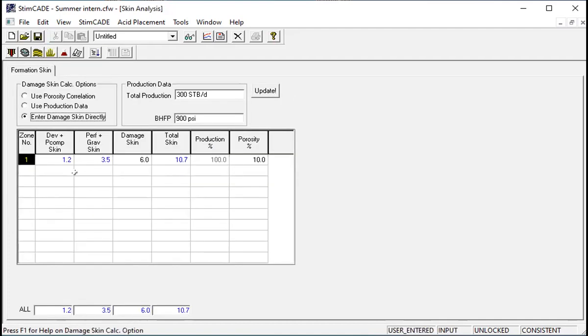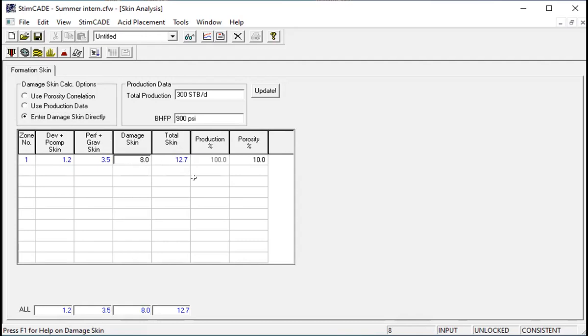The next is just telling us that based on the parameters that you have inputted, the system will calculate all of this. I think we did most of this explanation under Prosper. It has calculated our skin due to deviation. It has calculated our skin due to perforation. Then we need now to input our damaged skin, which we already calculated in the first step, and it was 8. So it will now give us our total skin.